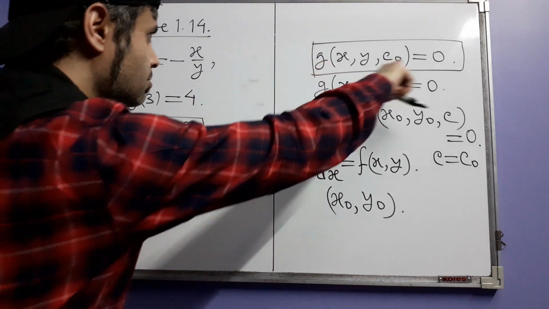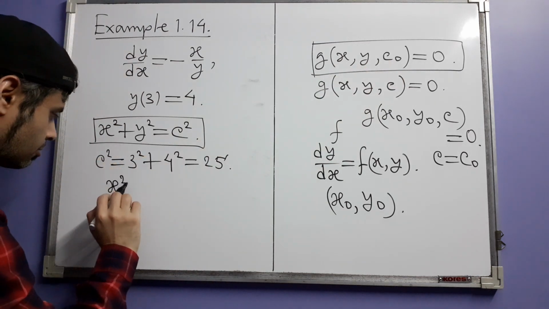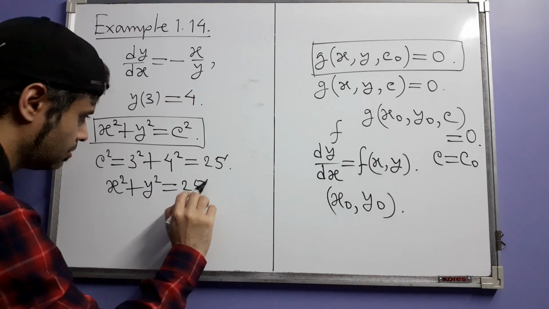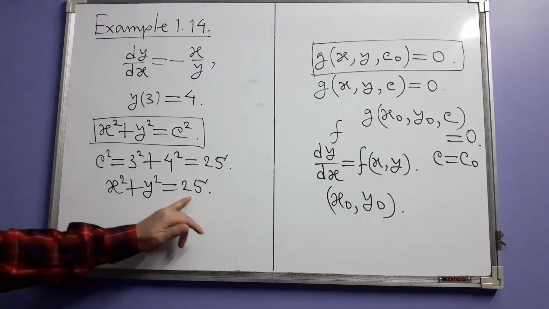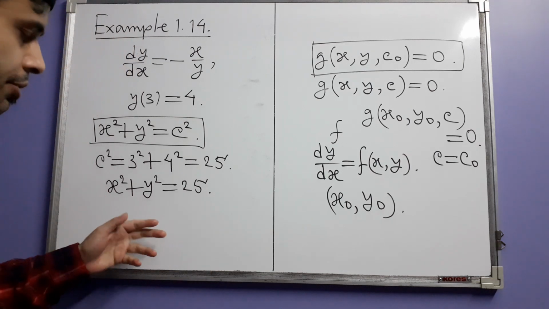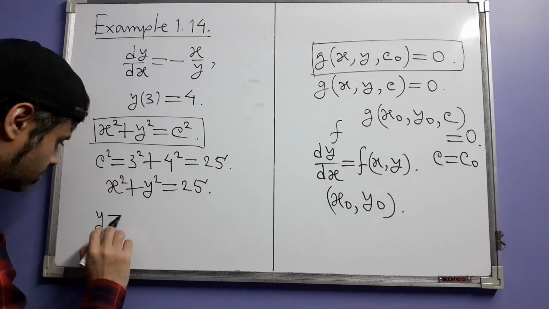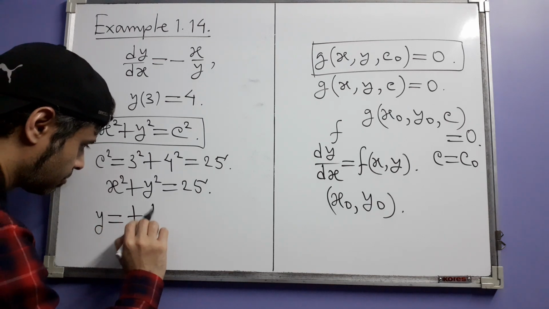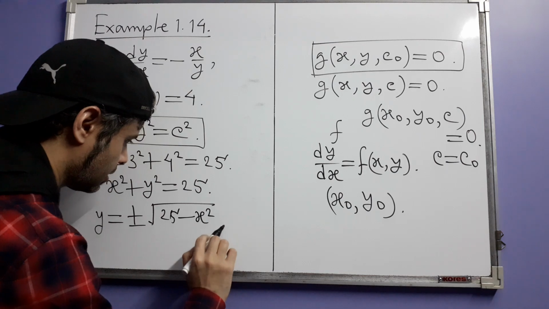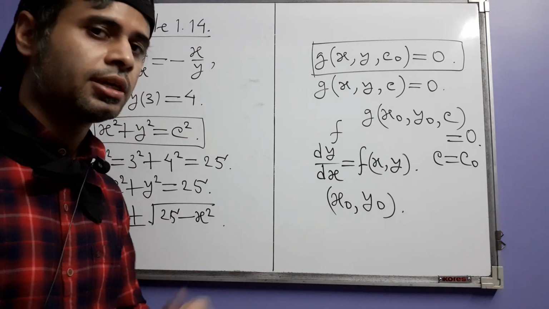So, this relation in this case is x square plus y square equal to 25, and from this relation now you have to find y as a function of x. If you just blindly solve for y, this is what you will get. Minus x square.